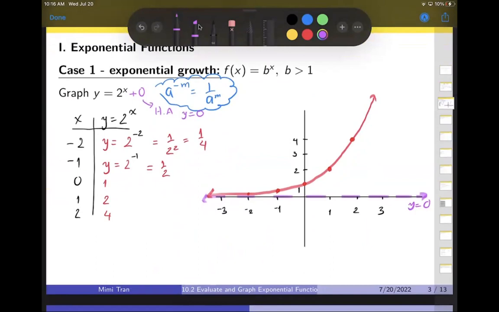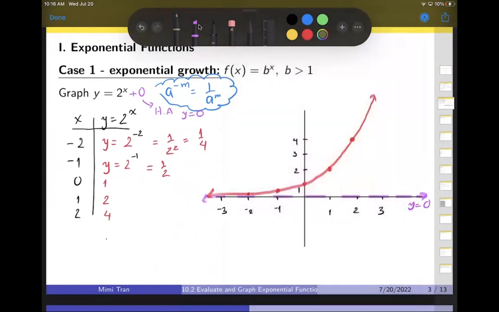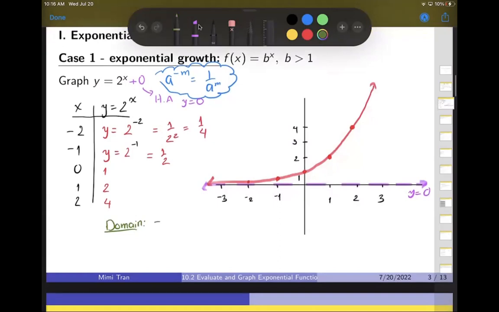Okay, so this graph right here, let me bring out a color here. Maybe I'll use dark blue. Okay, so the domain for the exponential growth is still from -infinity to +infinity. The range is, as you can see, from 0 to infinity.